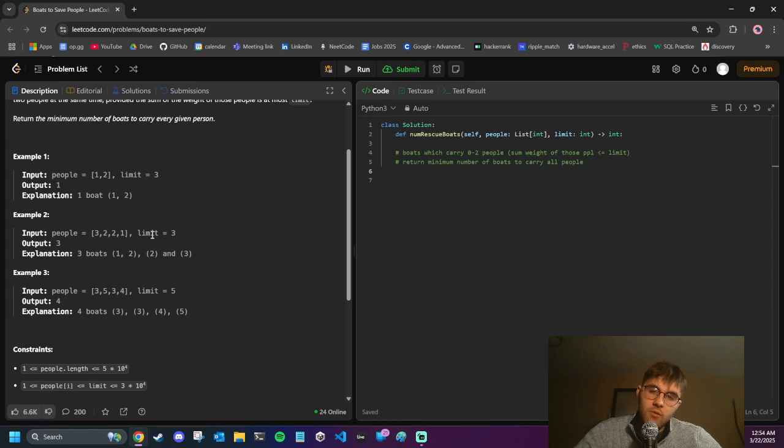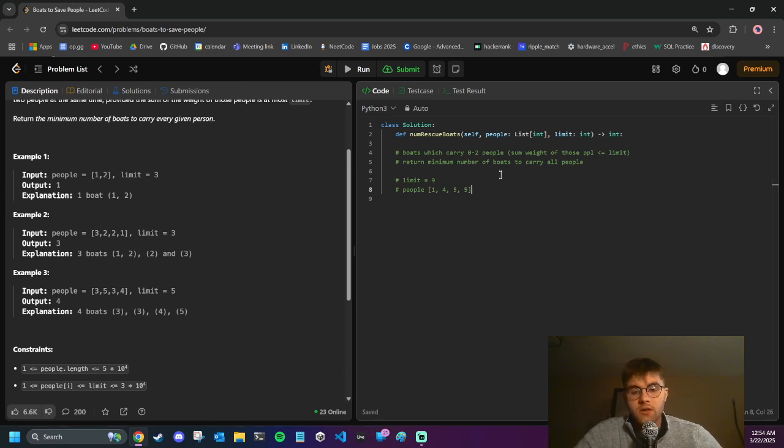So earlier I said we want to get them as close to the limit. We definitely want to get them in groups of 2 if we can, and I think going towards the limit makes sense. So for instance, if we had an example with 1, 4, 5, and let's say the limit was 9, and then we had another, let's say also 5.